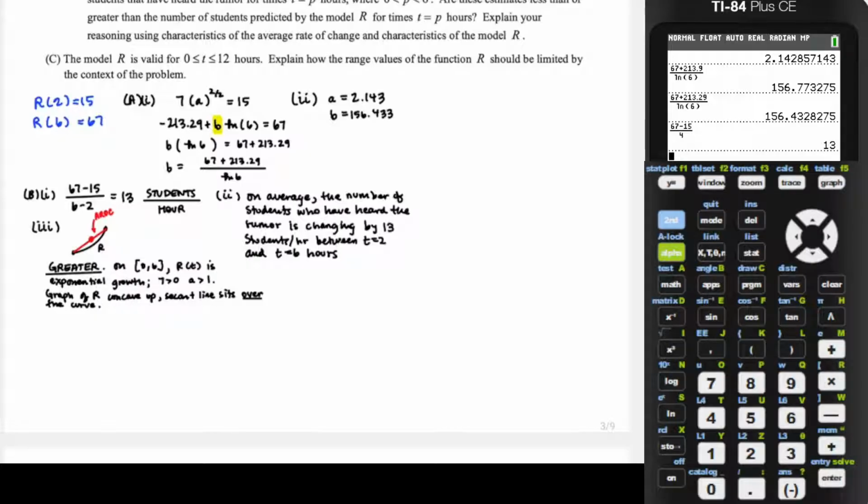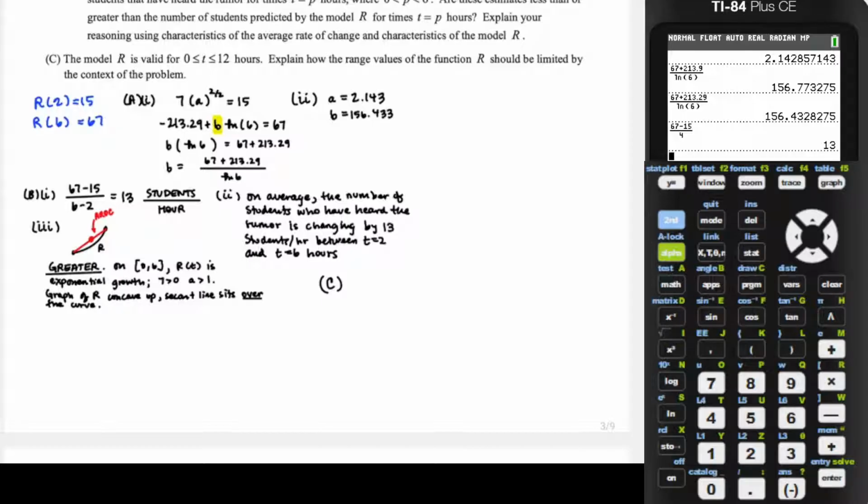Okay, so it's got to be the output values... My best thought on this one, not totally sure what we were going for, is that the range values are the number of students who have heard the rumor.